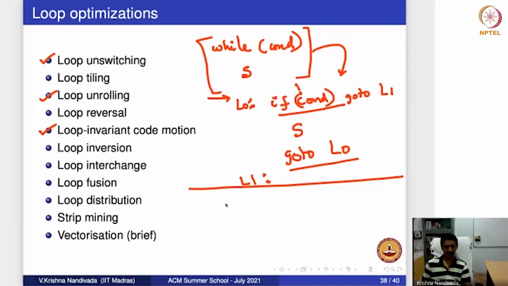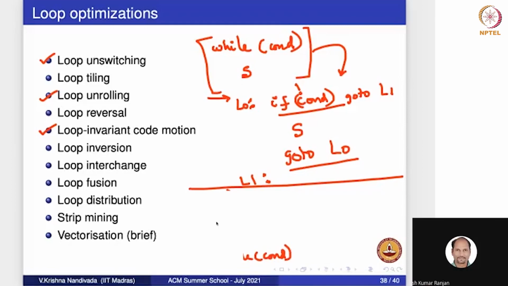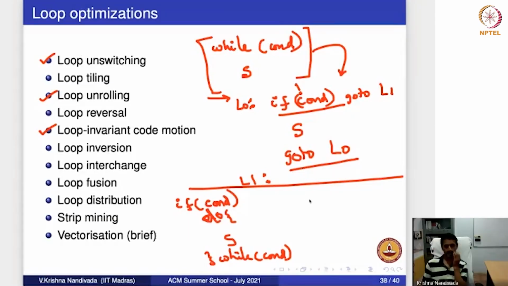If condition, S, or rather, sorry, if condition. Yeah, now it has come. Okay, so now what did I do? I replaced this while loop with this code, if and do while. Do you see that they are equivalent?